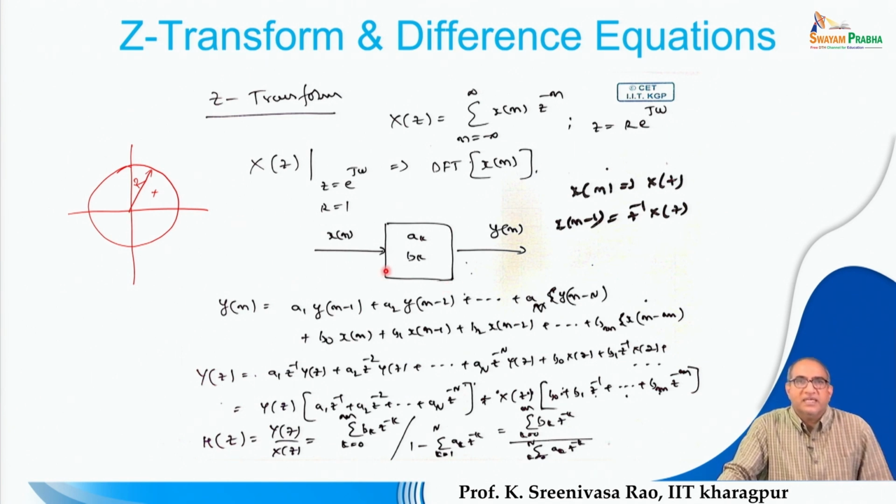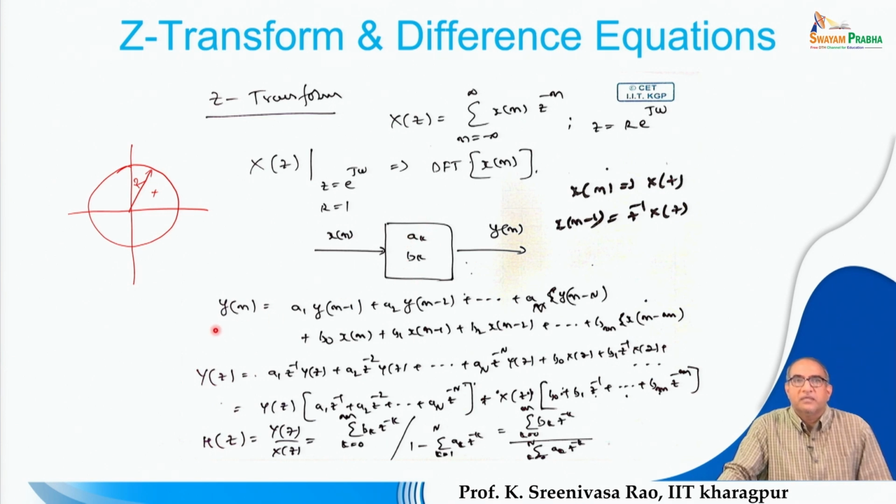Then the next one is the system representation using linear difference equations. As I mentioned, in case of linear difference equations, the system is represented by a set of coefficients. Your x of n is your input and y of n is the output, and y of n is related to the input and the previous outputs by using these parameters, the scaling factors a k and b k.